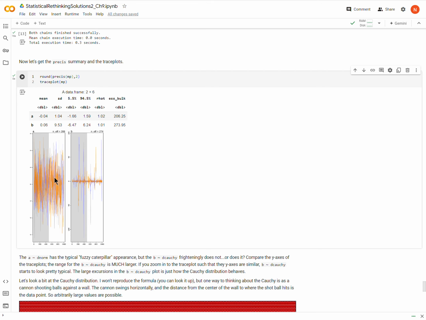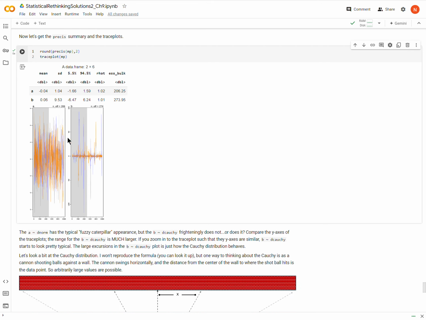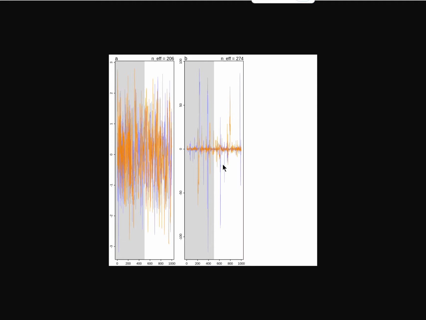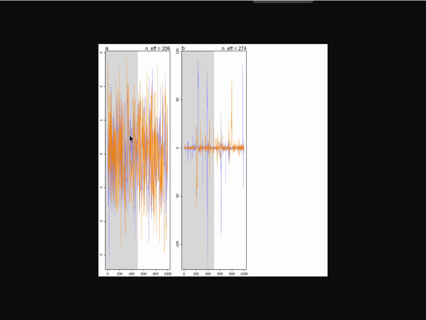Now these are the trace plots, and I'm going to open this in a different window and zoom in. The normal distribution, the one on the left, A, looks about what we should expect. It's that fuzzy caterpillar type look, right?